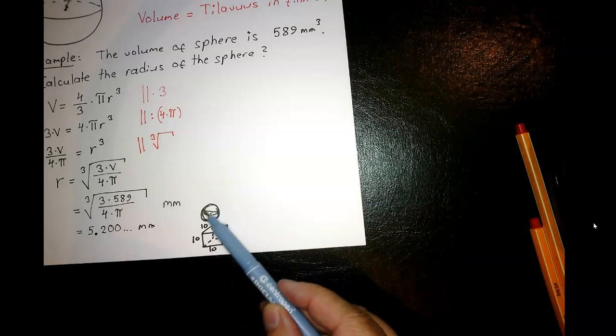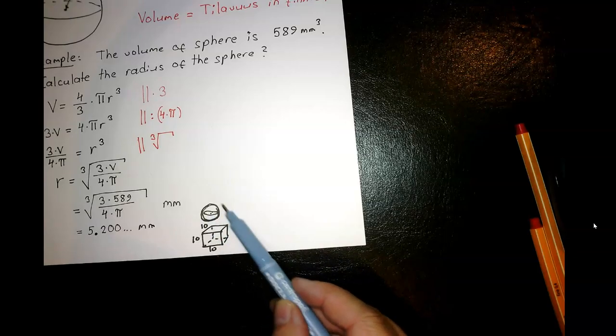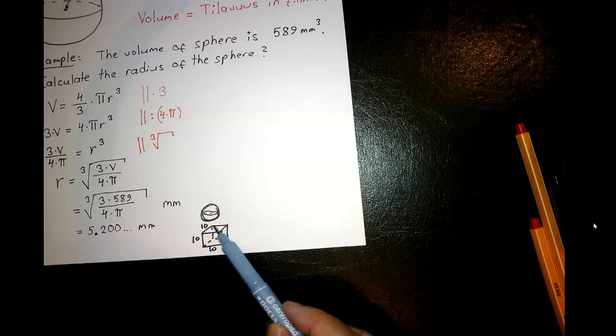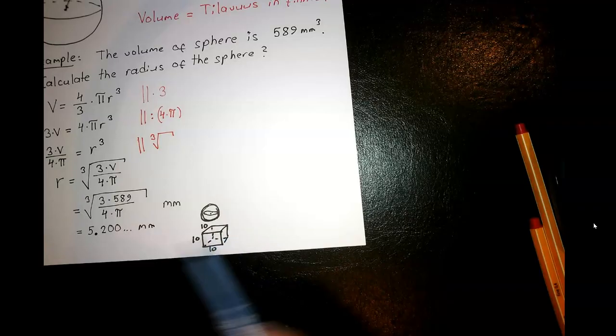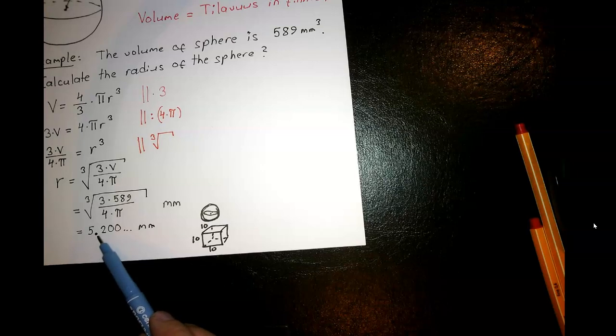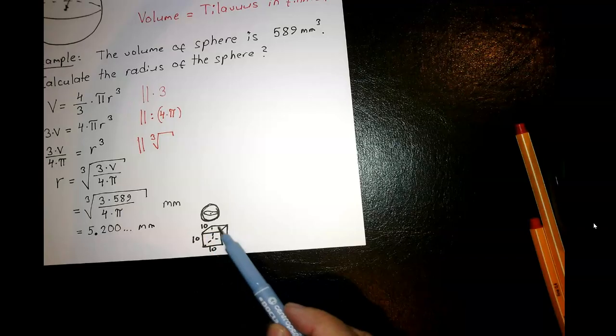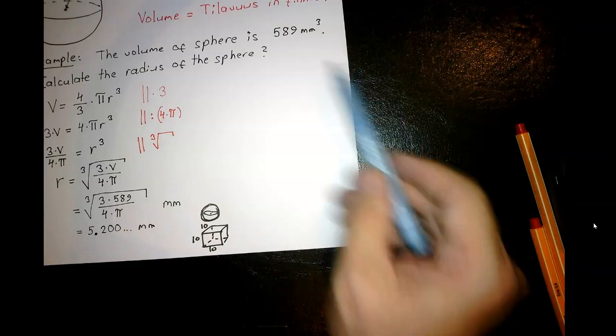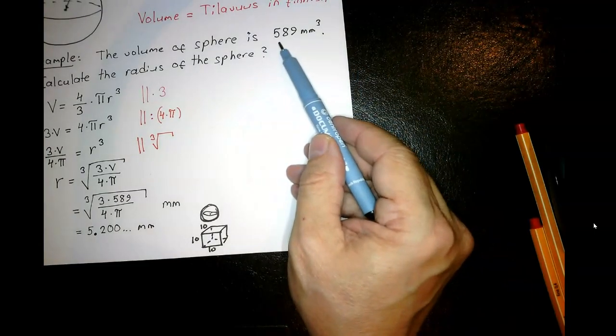And this ball or this sphere almost fits inside of this cube. Not totally, because this radius is a little bit more than 5 millimeters, but it is easy to understand that this is smaller than this cube, and as we see, that it exactly is.